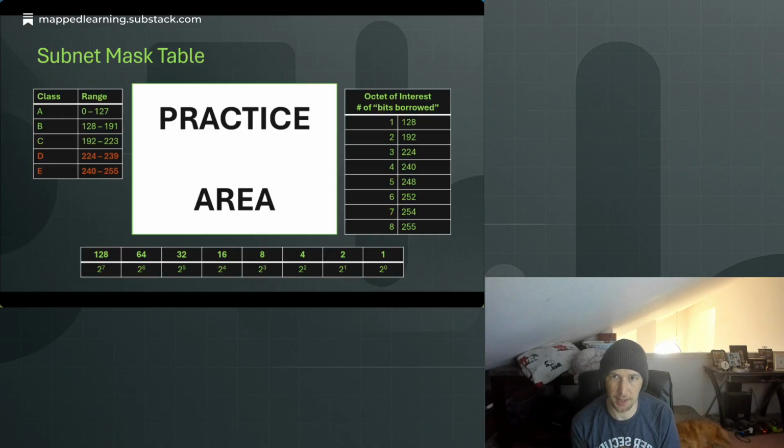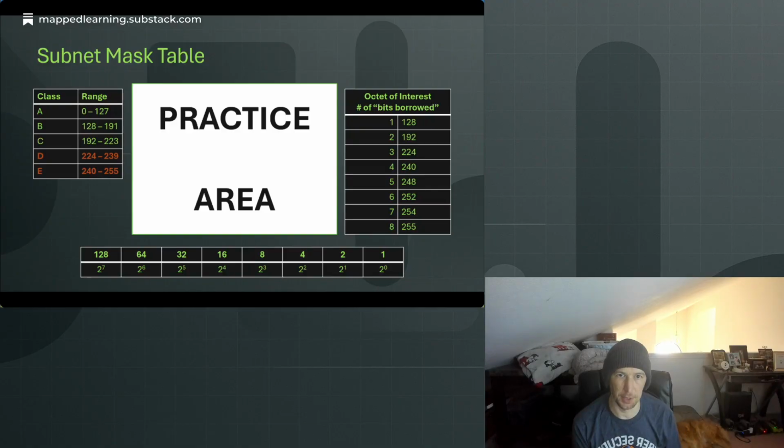On the far left-hand side, you're going to have the class ranges, A through E, and their subnet ranges from 0 to 255 on the right. Below, at the very bottom, you're going to have the binary scale that has 2 to the 0 power all the way to 2 to the 7.